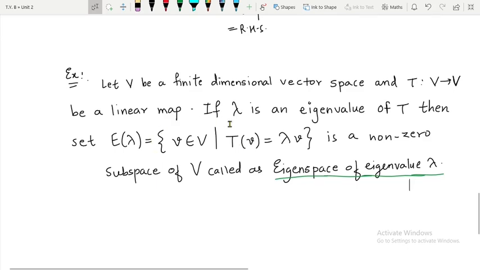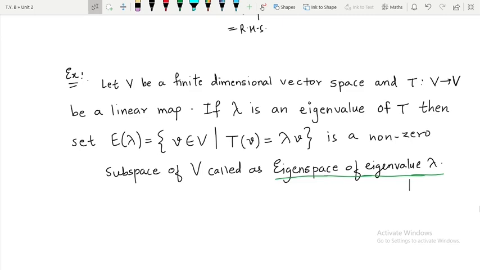So basically this E of lambda is a collection of all eigenvectors corresponding to eigenvalue lambda. As we have seen, if you take any multiple of an eigenvector, that is also an eigenvector corresponding to that eigenvalue lambda.